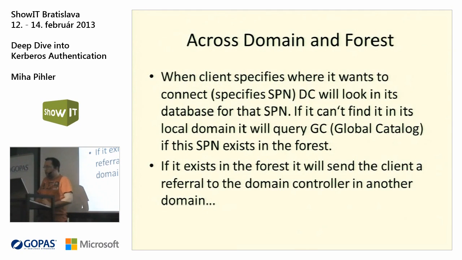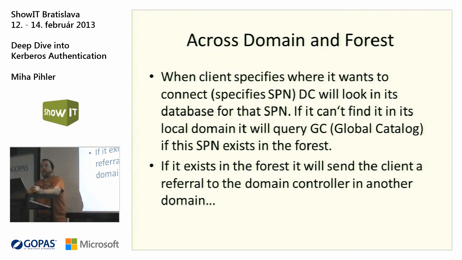So this is how it works inside a domain. When I want to talk to another server in another domain, how do I do that? Well, again, I send all the packets that we talked about already. In the packet is the SPN, and what happens is the DC tries to find this SPN.